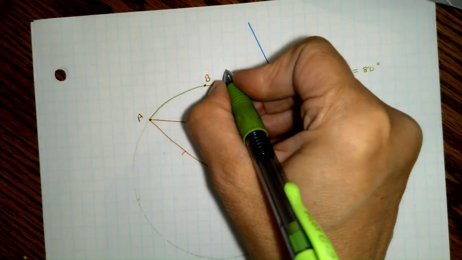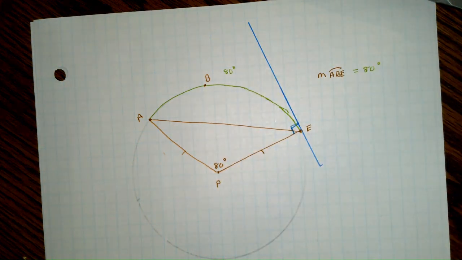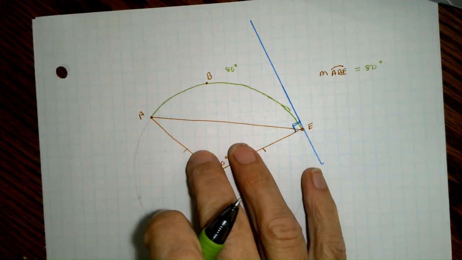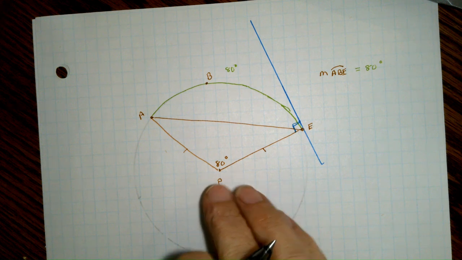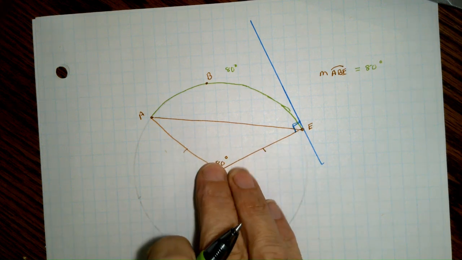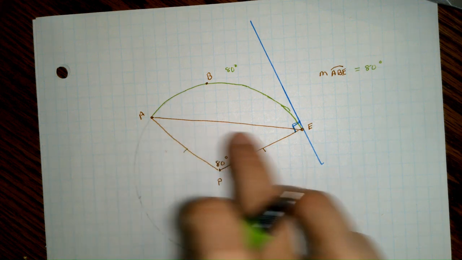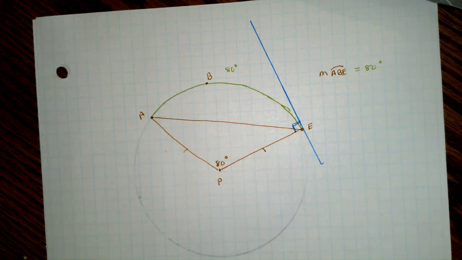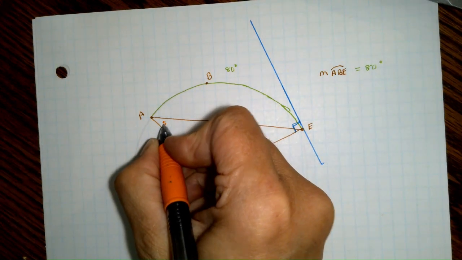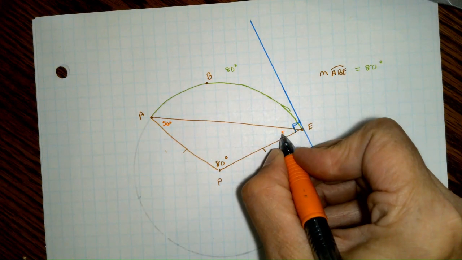So that's 80 degrees. Okay, great. Now, we also know that this is an isosceles triangle. So if you have two sides the same, you have two angles the same. So since this is 80 degrees, it leaves 100 degrees to share between our two corners, making this a 50-degree corner and this a 50-degree corner.